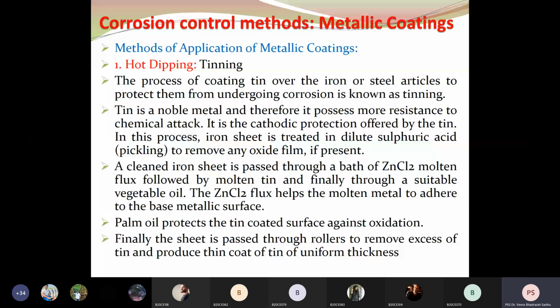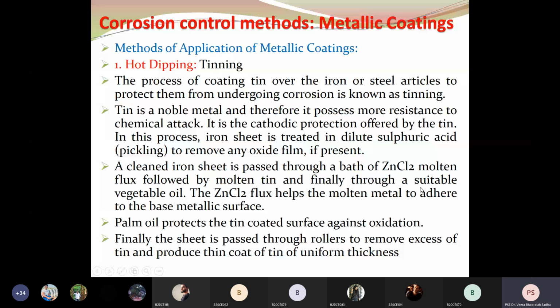It is the cathodic protection offered by tin. In this process, the iron sheet is treated in diluted sulfuric acid to remove any oxide or impurities from the surface. The cleaned iron sheet is passed through a bath of zinc chloride molten flux, followed by molten tin, and finally through a suitable vegetable oil.